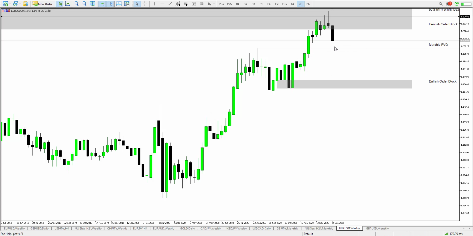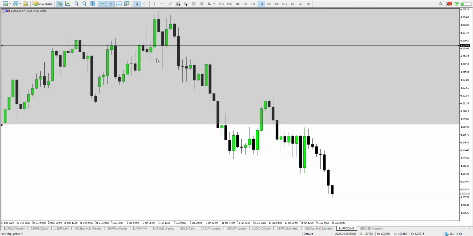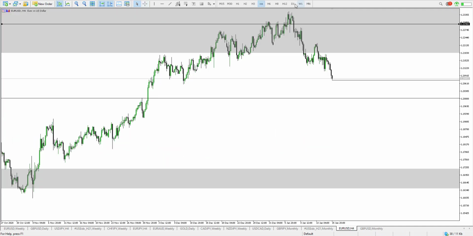I'm expecting price to trade lower, and my first target to the downside is here. See this down close candle here. So expecting market to trade to that level before we see a bit of support, or all the way to the monthly bullish order block. So right now shorts are ideal on Euro USD.